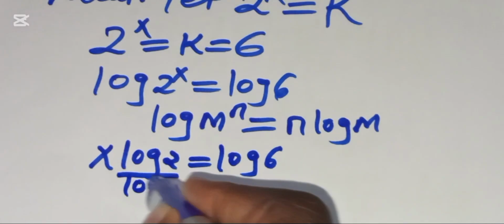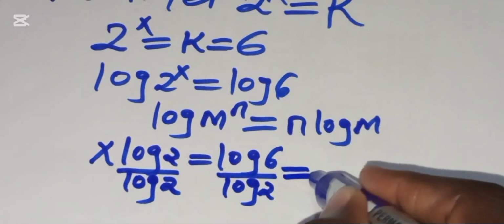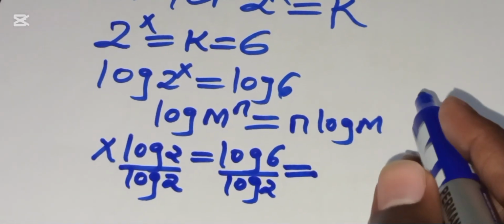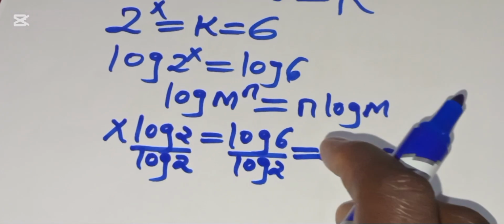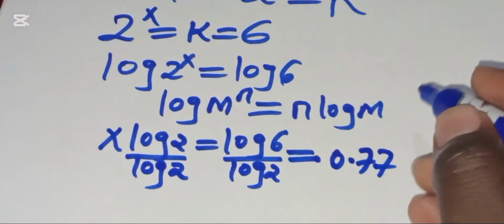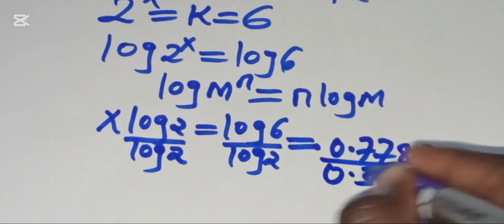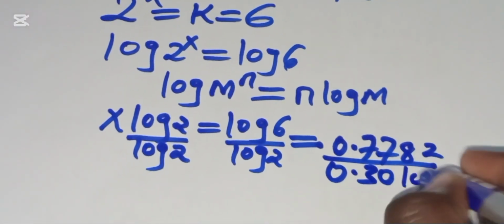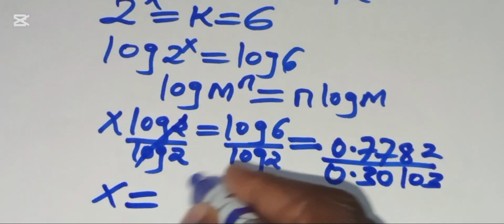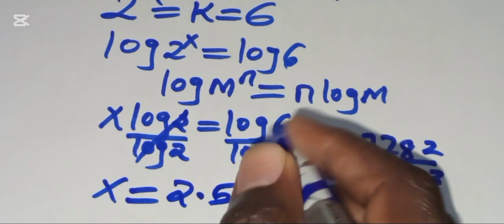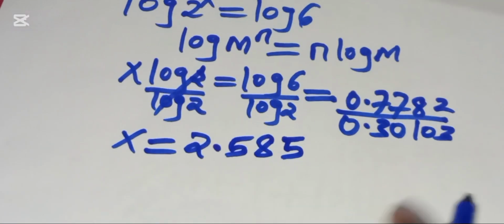We divide both sides by log 2, and this is equal to 0.7782 divided by 0.30103. So the value of x here is equal to 2.585.